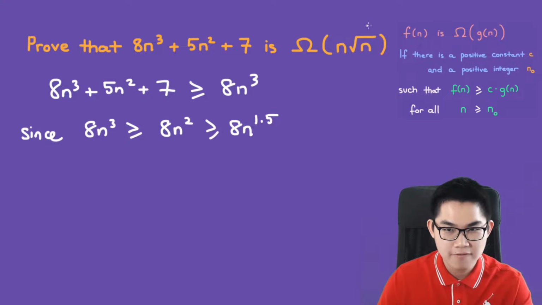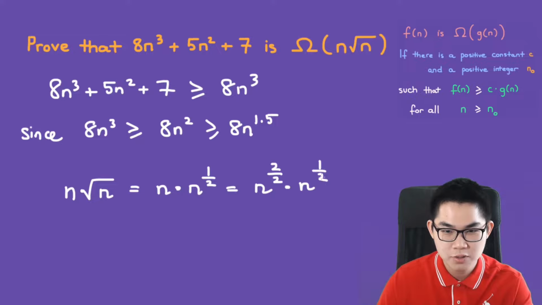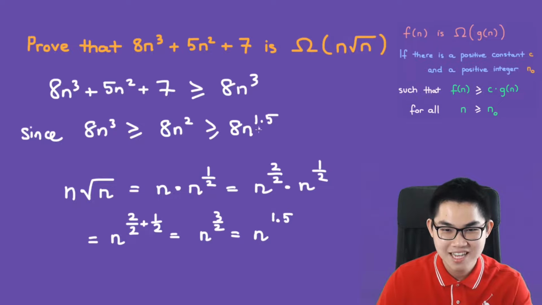And remember that if you have n times the square root of n, this is the same as saying n times n to the power of 1 over 2, which is n to the power of 2 over 2 times n to the power of 1 over 2, which is the same as n to the power of 2 over 2 plus 1 over 2, which is n to the power of 3 over 2, and this is the same as n to the power of 1.5. So this here is equal to 8 times n and the square root of n.